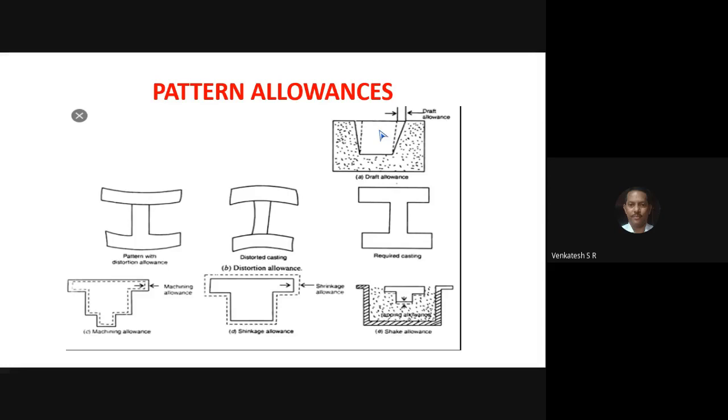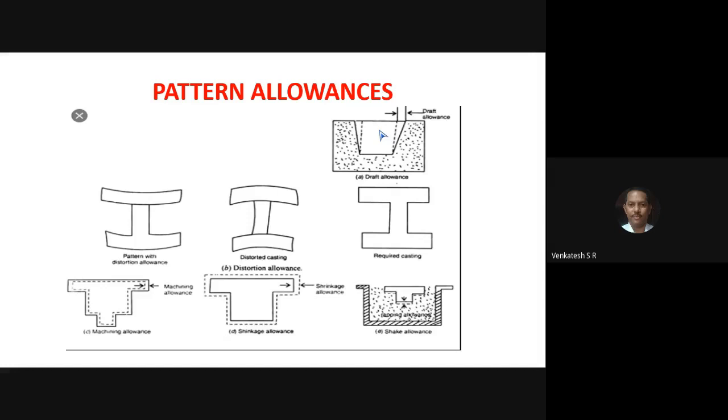Then there is no distortion or shaking of the mold cavity. So for that reason, draft allowance, the name itself indicates, provides a small angle in the mold cavity for lifting the pattern from the mold cavity.